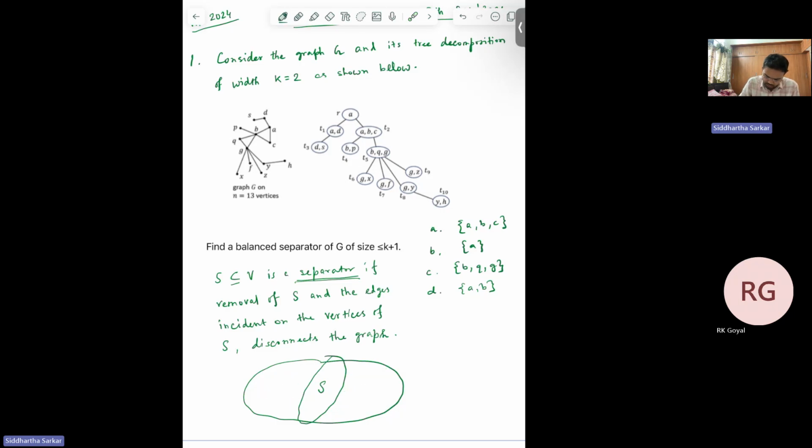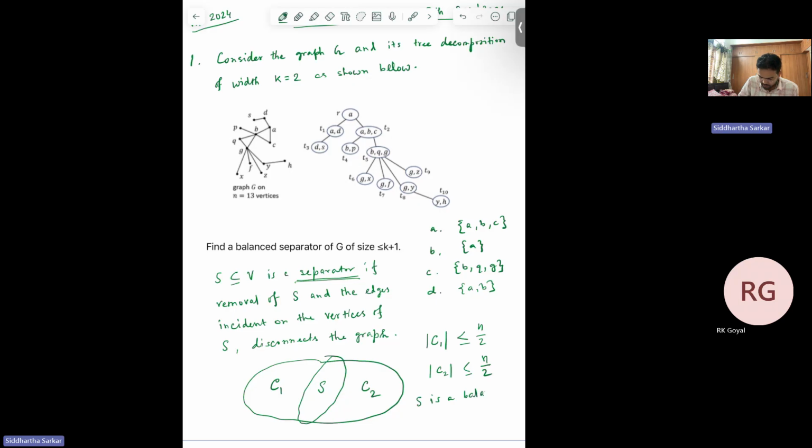So this is component 1 after removal of S, this is component 2 after removal of S. Then if both the components have less than n by 2 vertices, sometimes less than or equal to is also accepted, then we will say that S is a balanced separator.